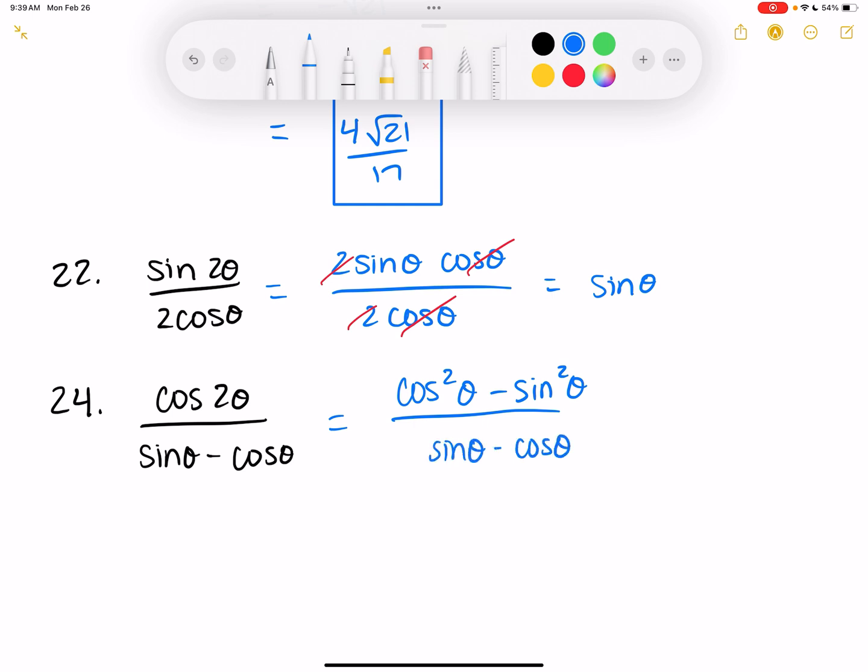So, before you tell me to cancel top and bottom cosines and sines and all that stuff, I need to do something else with the top, to basically rewrite that. Do you take sine theta minus cosine theta in parentheses, but with the square on the outside?